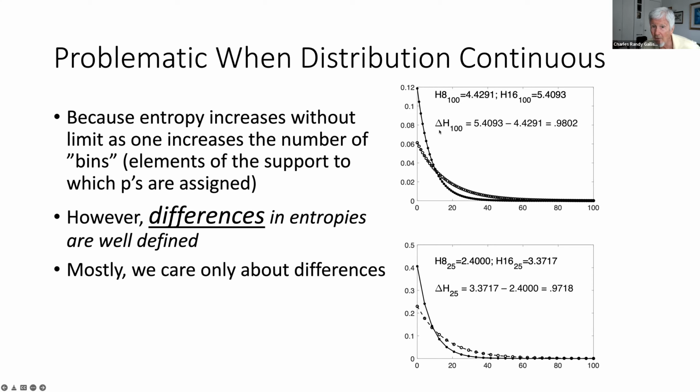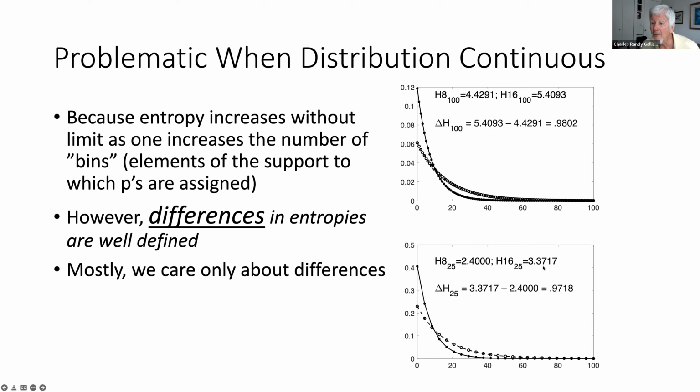Okay, so what's the entropy of the distribution up here? I have one with a mean of 8 and one with a mean of 16. And the entropy with the mean of 8 up here is 4.4 whatever, and 16 is 5.4.